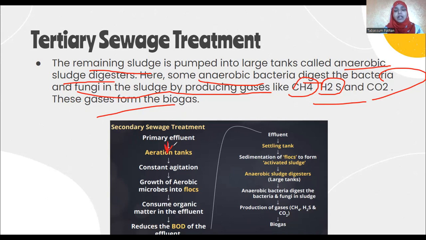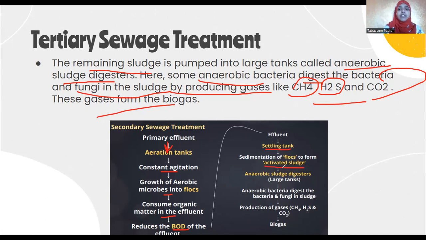From the primary effluent, the aeration tanks are constantly agitated, with growth of aerobic microorganisms into flocs. This floc, this aerobic microorganism, will consume the organic content and reduce the biological oxygen demand. Then the water is allowed to settle in settling tanks. The settled floc is known as activated sludge.